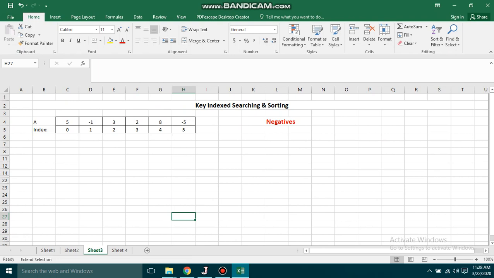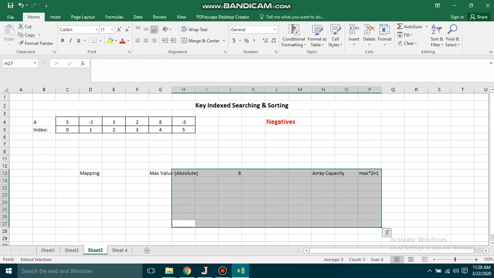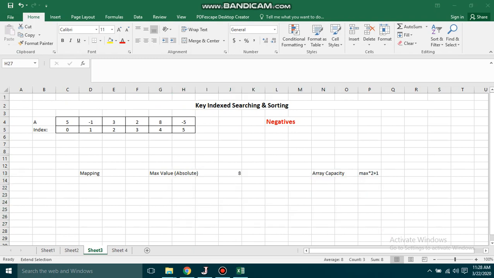We find the maximum value in absolute terms in the given sequence, which is 8, right? So the size of the array will be double this maximum value. So it will be max times 2 plus 1. This will be my array capacity.